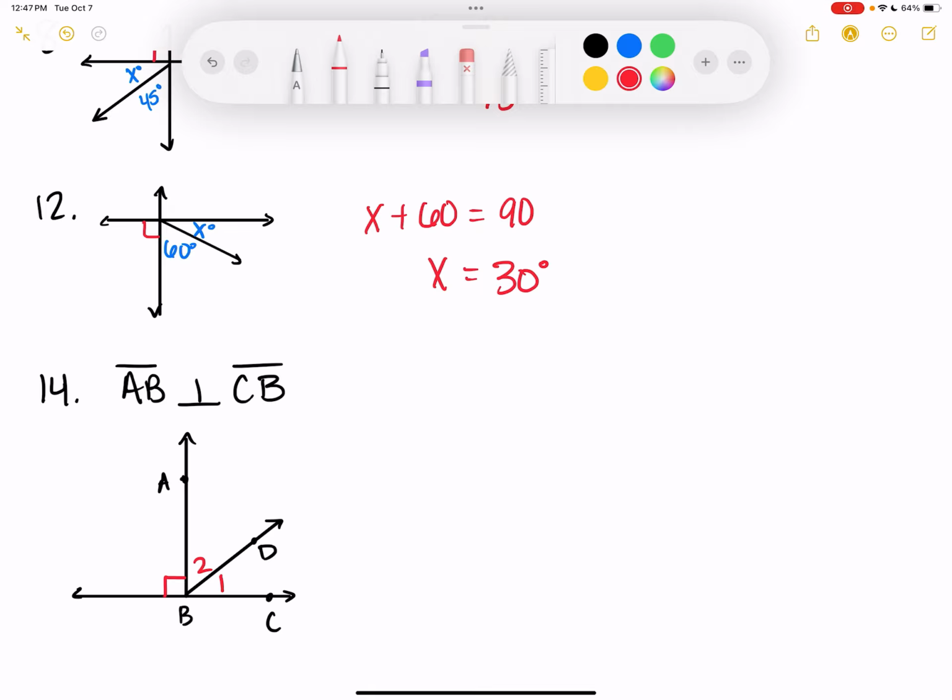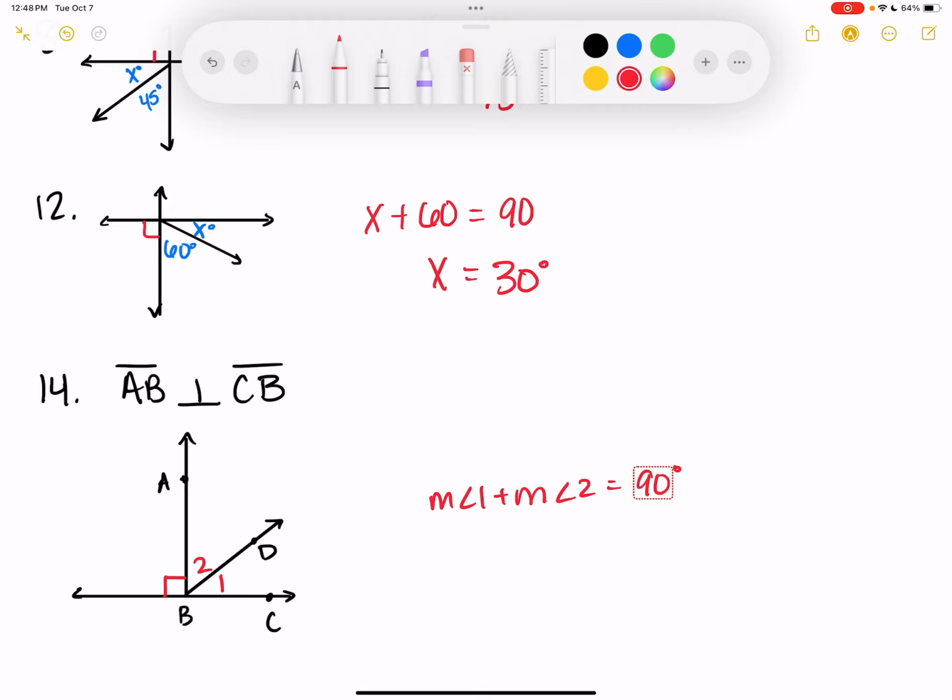So what do you know has to be true about angle 1 and angle 2? Yep. The measure of angle 1 plus the measure of angle 2 is equal to 90 degrees. Can anybody think of anything else that we would know about them besides that? There's kind of two other words that I think about when I see that something's 90 degrees.